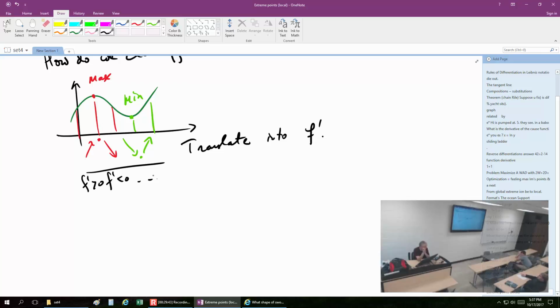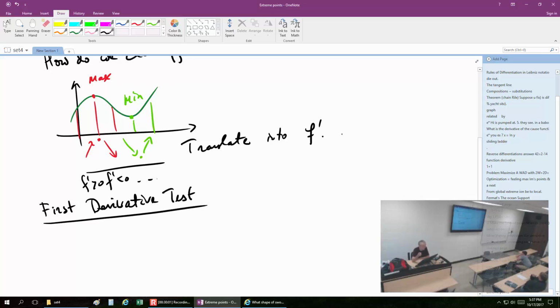Does it change the sign, and which way? So this is called the first derivative test, looking at the change of sign of the derivative.